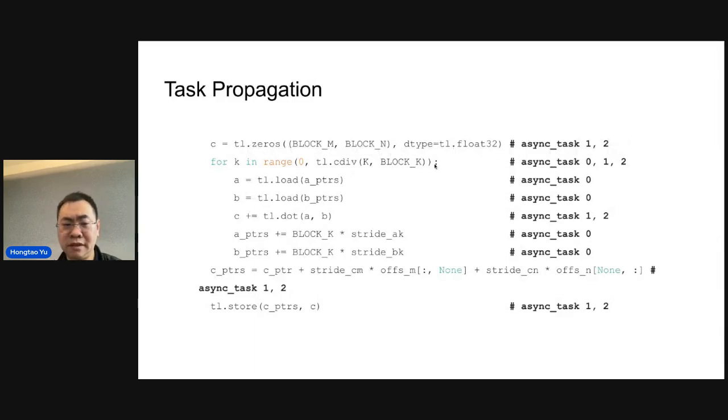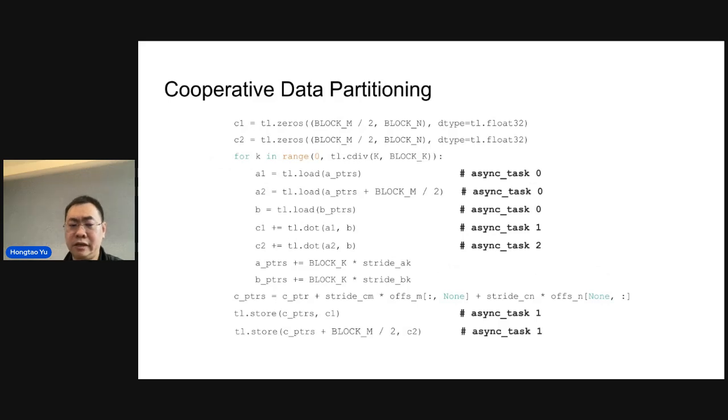And for control dependencies, like the for loop, it is going to be used by all the tasks. So up to here, every op should have a task mapping. And after that, because we are using the two consumers mode, also known as the cooperative partition mode, because we see opportunities there, it depends on the tile size.